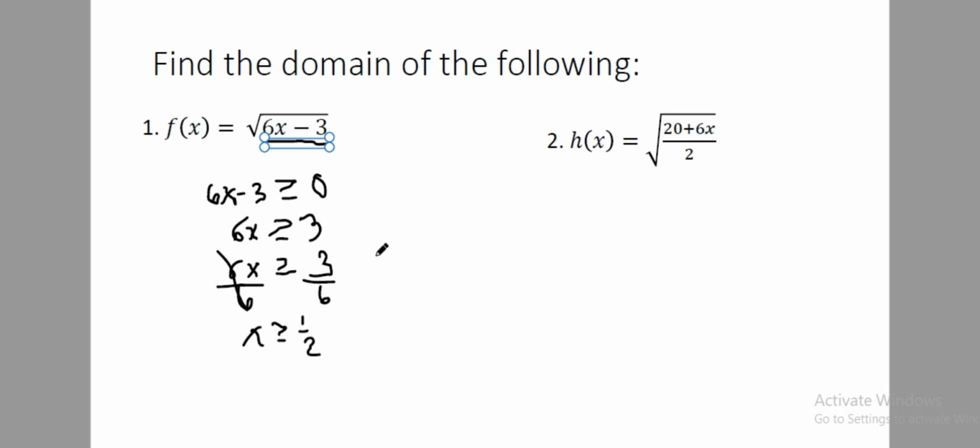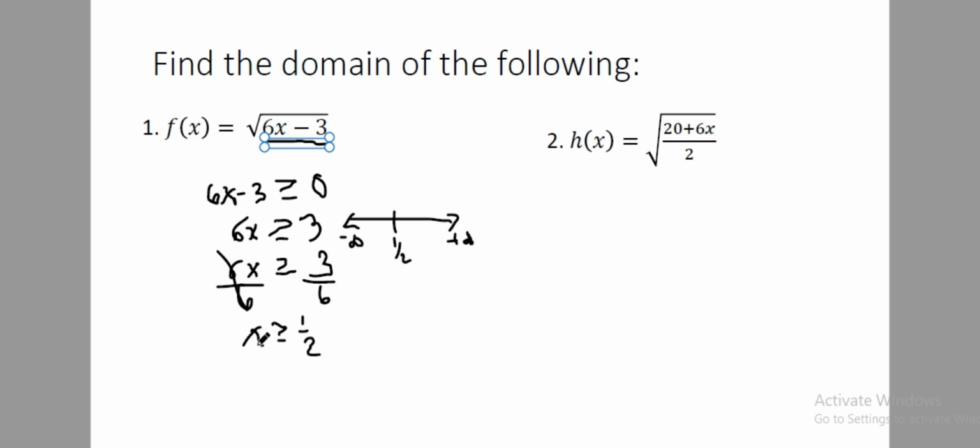Now, how do we interpret this? Look at the interval form. We have negative infinity, we have 1/2, and we have positive infinity. The 1/2 is from the solution. Now, x is greater than or equal to 1/2, meaning on what side of 1/2 are these x's?